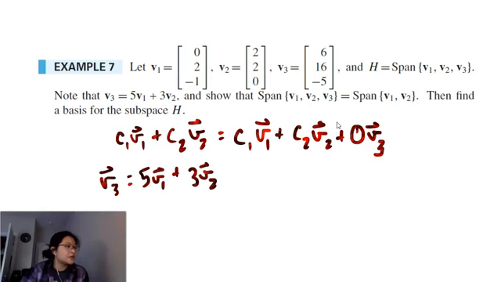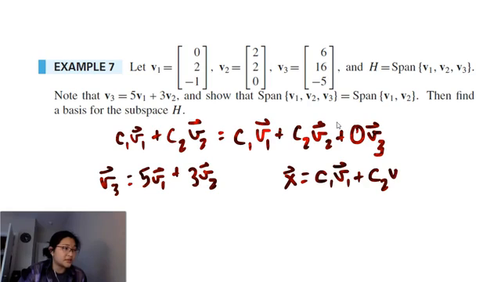Right? So, if we're looking at something, let's just say that x is going to be in our H. Then we can also say that that's going to be a linear combination, C1v1 plus C2v2 plus C3v3, right?